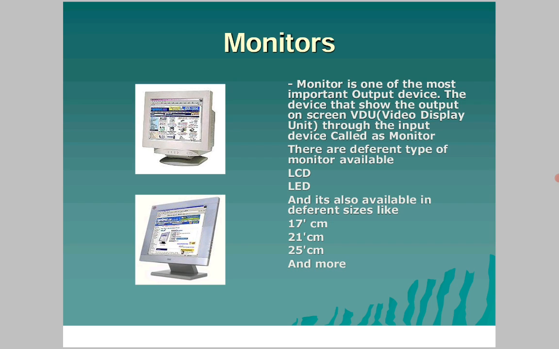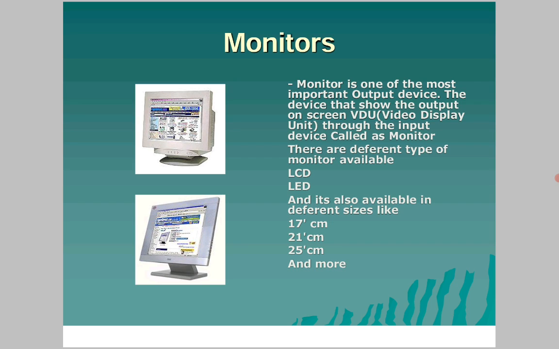And monitors are also available in different sizes like 17 inches, 18 inches, 21 inches, 25 inches. Generally the quality of the monitors is measured in terms of resolution. What is a resolution?